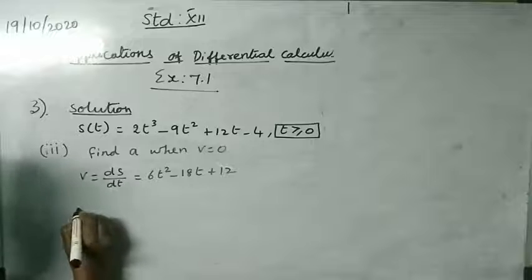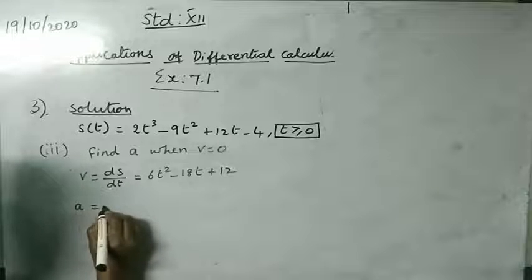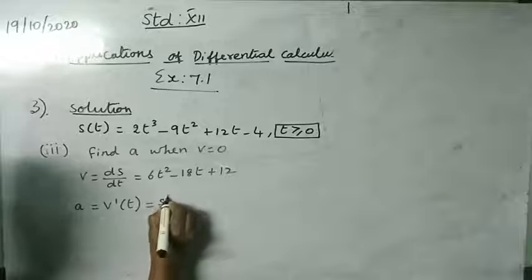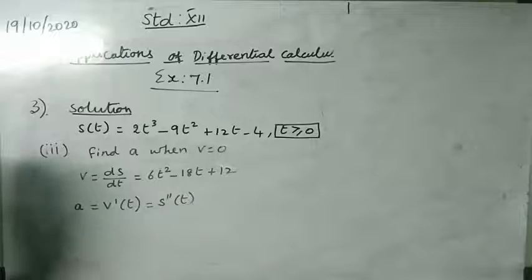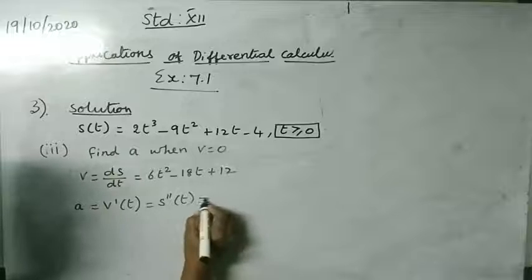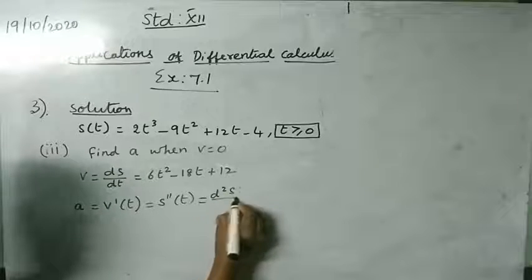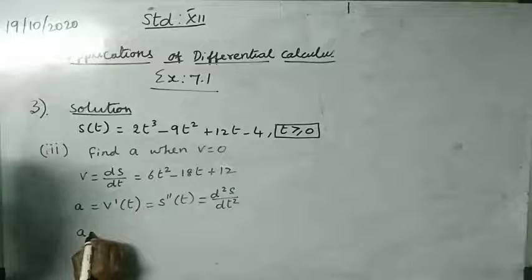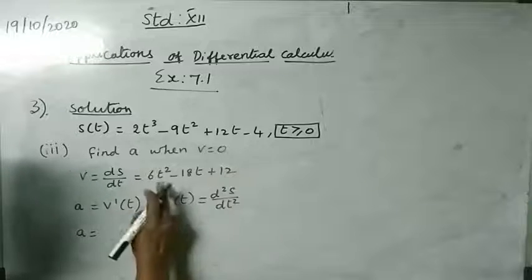Now to find the acceleration, a is equal to v dash of t, which is equal to s double dash of t. So differentiate s of t two times, which is equal to d square s by dt square. All are equal. So a is equal to, now differentiate this once again.